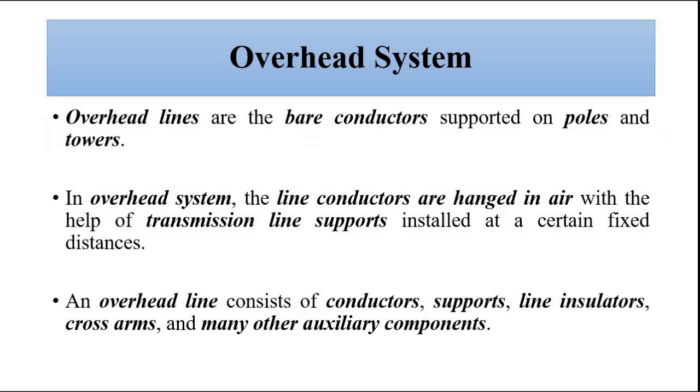So the overhead system first, that is basically the bare conductors which are supported on poles, which you'll see on the roadside. Here the line conductors, the cables, are hung in air with the help of supports, poles installed at fixed distances, and it consists of various other components: conductors, support conductors, line insulators, cross arms, and many other auxiliary components.